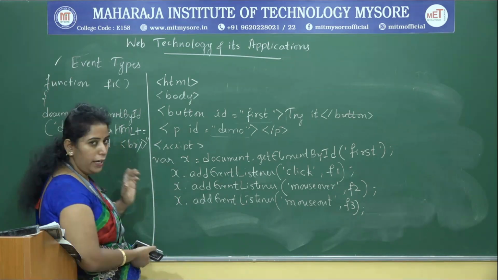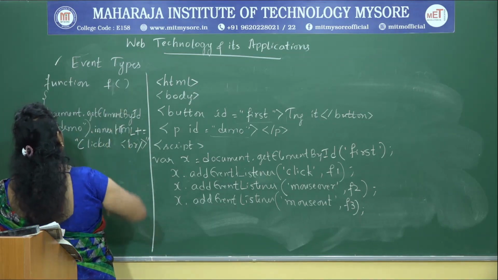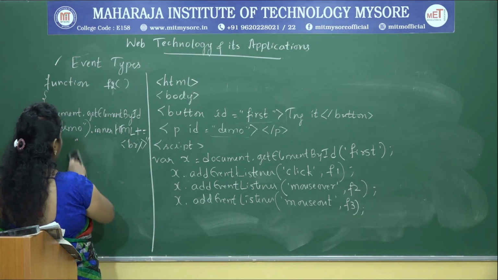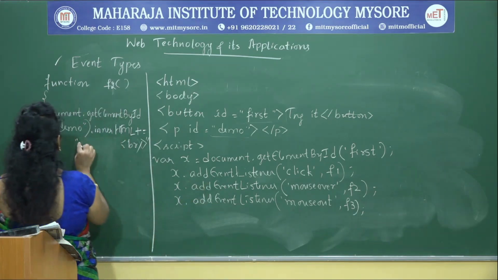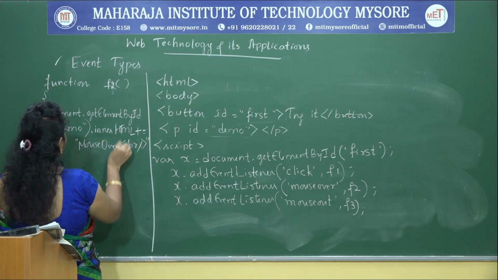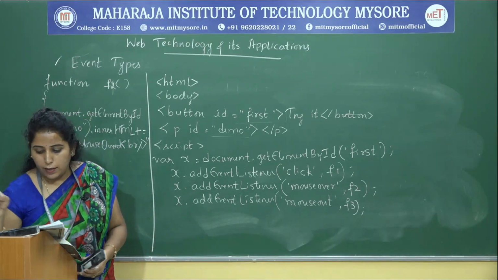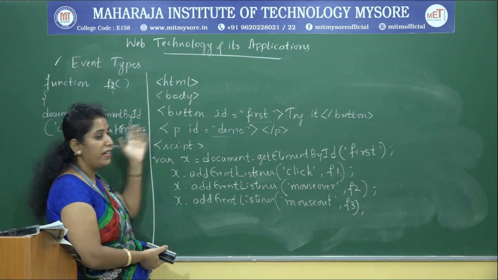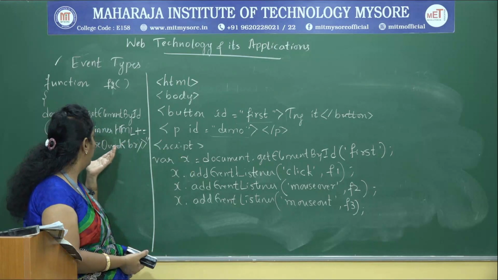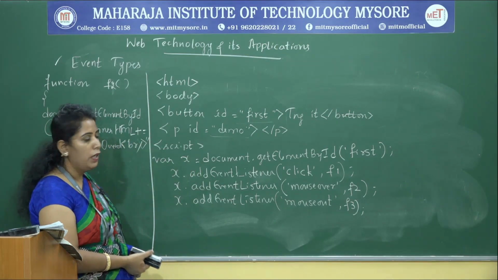Since I don't have space, I will just replace this with function2. Function2 is mouse over, right? So it should print mouse overed. Mouse over means the mouse was moved over an element. By that time it will print mouse over. You can notice that output now.